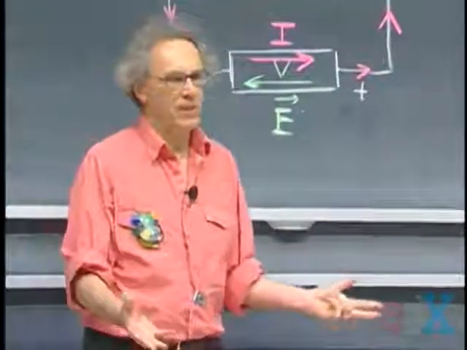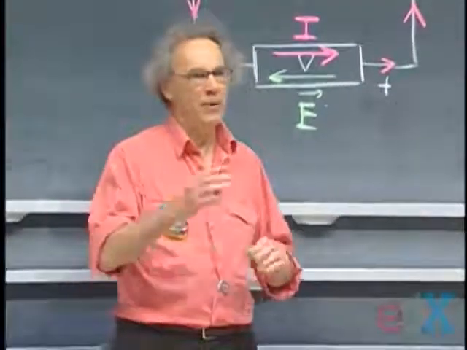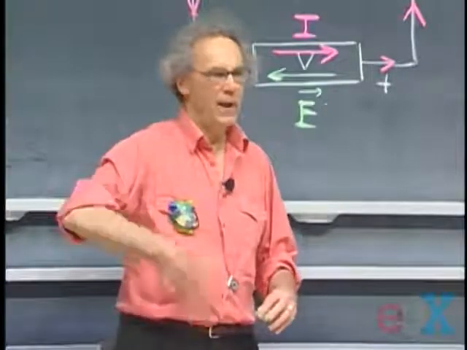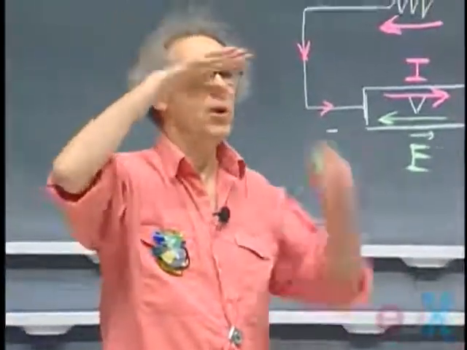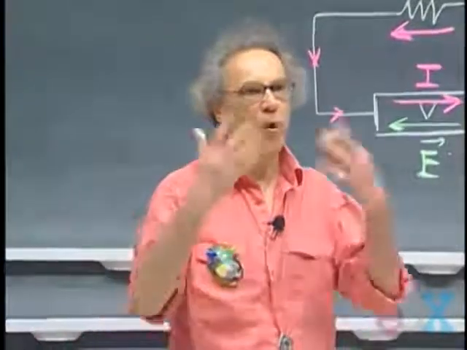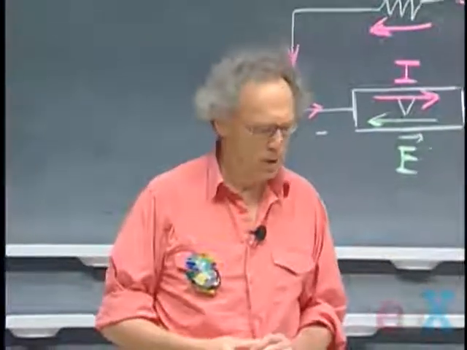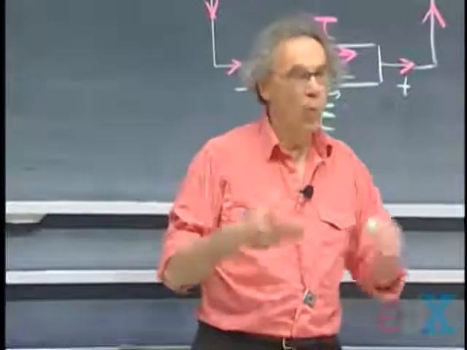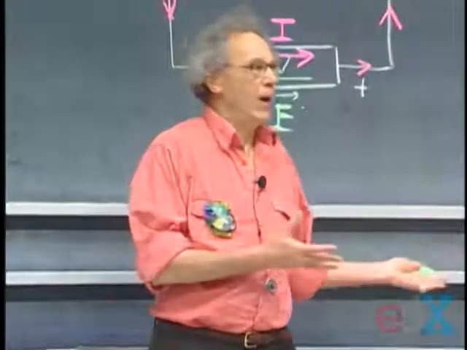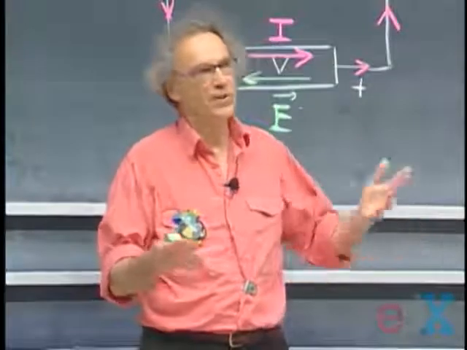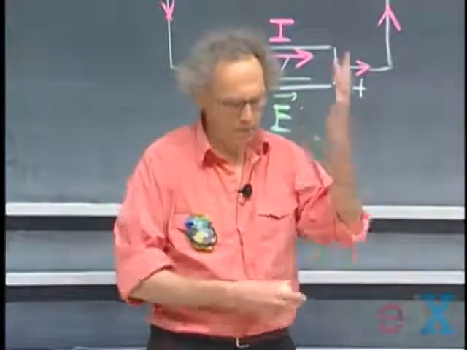You remember with the Van de Graaff, we were spraying charge onto a belt. And then we rotated the belt, and the belt forces the charge into the dome. It had to overcome the repelling force of the dome. So work had to be done. So the energy must come from somewhere. And in the case of the Van de Graaff, it was clearly the motor that kept the belt running.